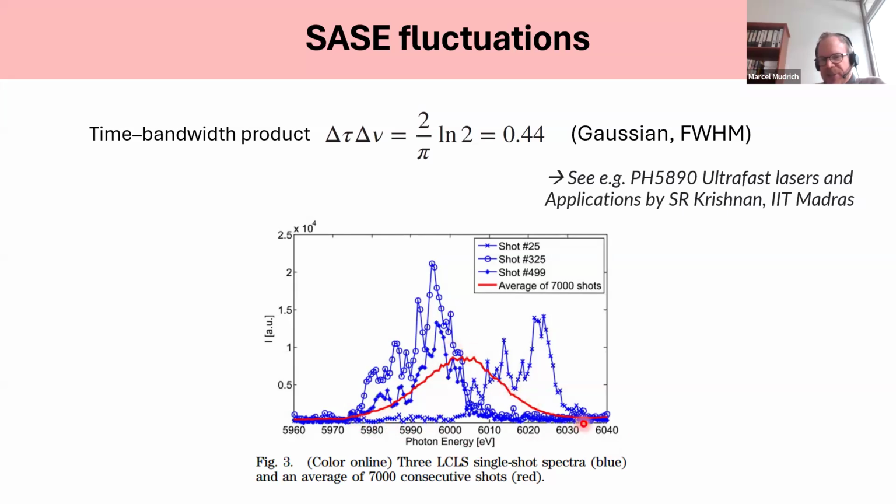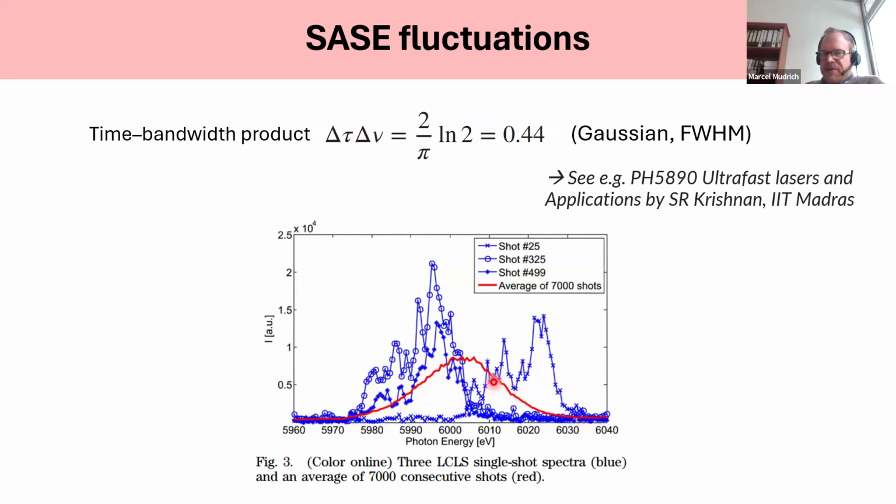This is the gain spectrum of the undulator. So in principle, if we did everything right and we would exploit all these different frequencies that can be amplified, the question is, how short could the pulses possibly be if we would manage to get what are called Fourier transform limited pulses? Transform limited pulses means that the pulse duration would be just given by the spectral width of the spectral distribution in the pulses.